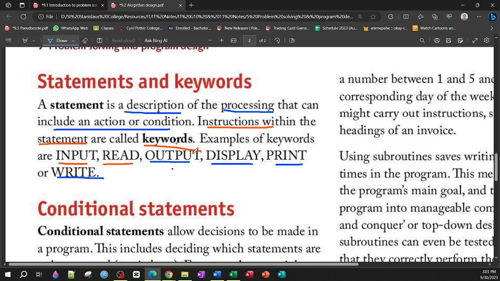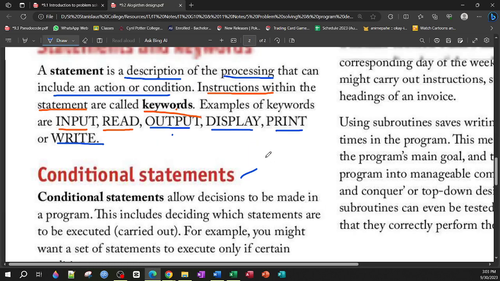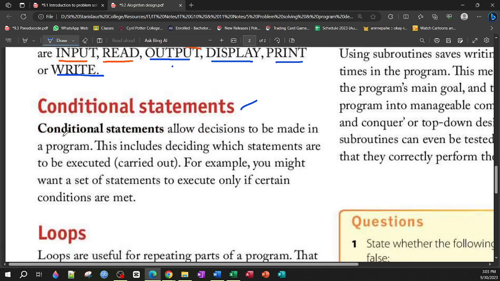All right. Now, another type of statement that we have is called the conditional statement. Now, remember we said a statement is basically an action, a description of an action. So, a conditional statement, what action is that describing? Conditional statements allow decisions to be made in a program. This includes deciding which statements are to be executed or carried out.